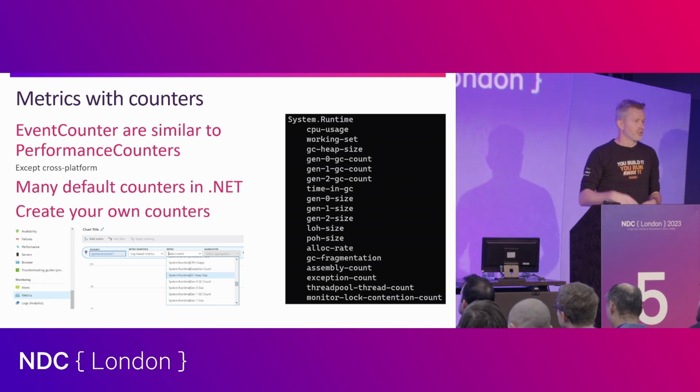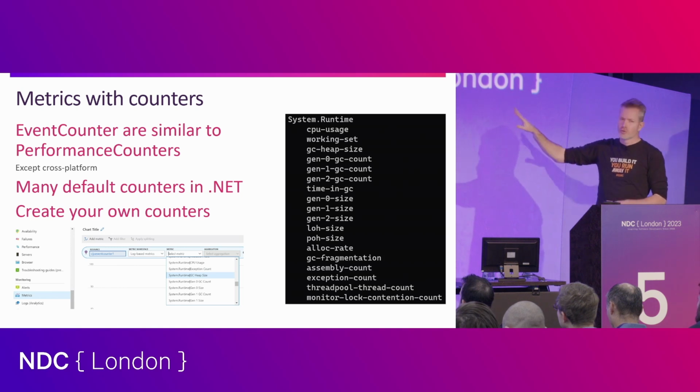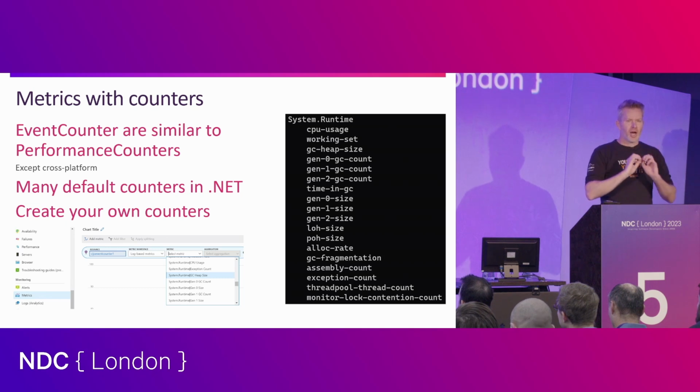Your working set, that's the amount of memory that you're consuming. So you can see, are we climbing and maybe have a memory leak? You could already view that with these things. And those are available out of the box. All of your .NET applications from .NET 5 onwards already had this, maybe without you knowing it.